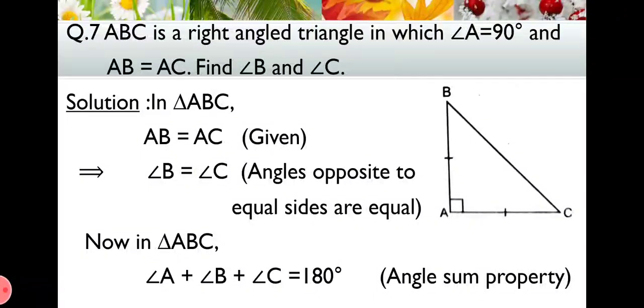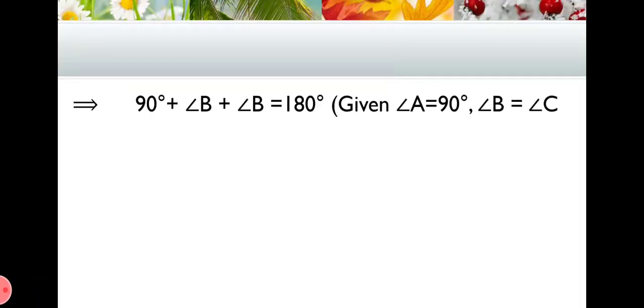Already angle A is 90 degrees, it is given, and angle B and angle C are equal. So further solving, we get 90 degrees plus angle B plus angle B equals 180 degrees, given angle A equals 90 degrees and B equals C, which we have proved ahead.